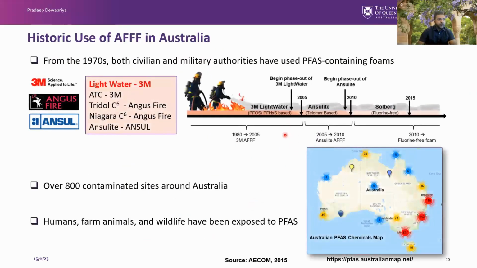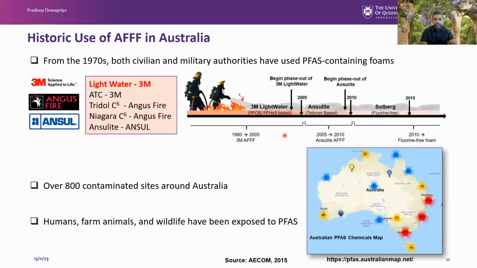Here I'm showing you a timeline for PFAS use in Australia. Since 1970, both civilian and military authorities in Australia have used PFAS-containing firefighting foams. After revealing the ecological and health impact of PFAS and related compounds, the use of PFAS-containing AFFF was gradually phased out.